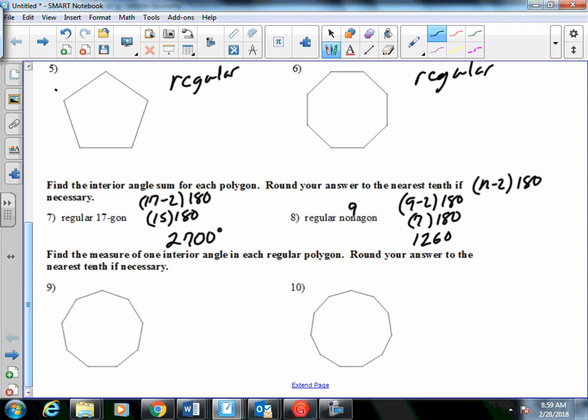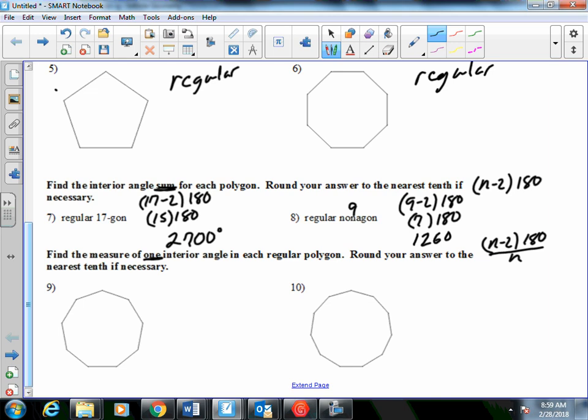All right, find the measure of one interior angle in each regular polygon. Round your answer to the nearest tenth if necessary. So, difference between these two questions: you got sum for 7 and 8, and one angle on 9 and 10. So we start off with the n minus 2 times 180, but then we divide it by n to get one angle.